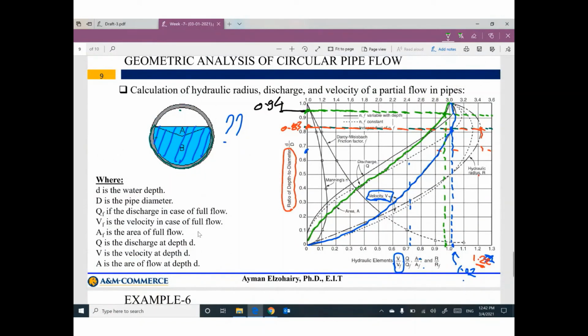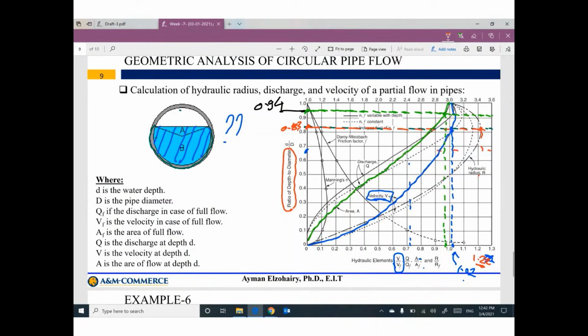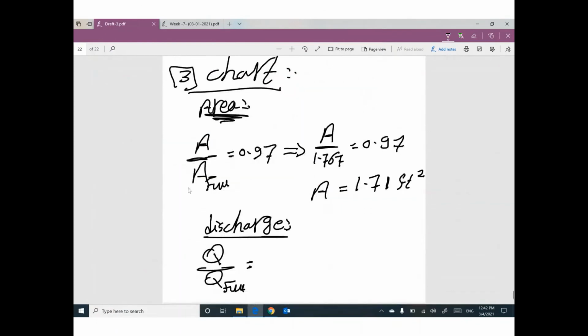Which curve right now? I'm going to use the curve for discharge. This curve, I'm going to use this one. This intersection is at something around 1.02. So the ratio between discharge and the full discharge is 1.02.